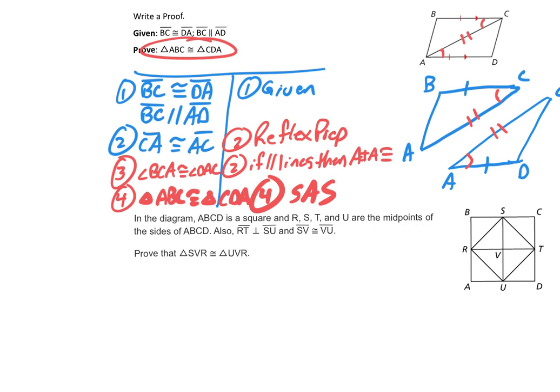A much easier proof than yesterday, because we don't have to name all 6 pieces. And so it's a lot easier to get to congruency here. Okay, so that's a side angle side proof.